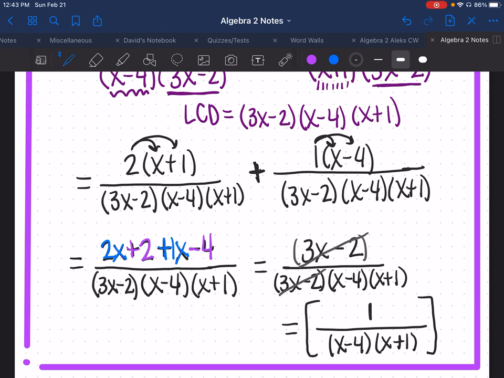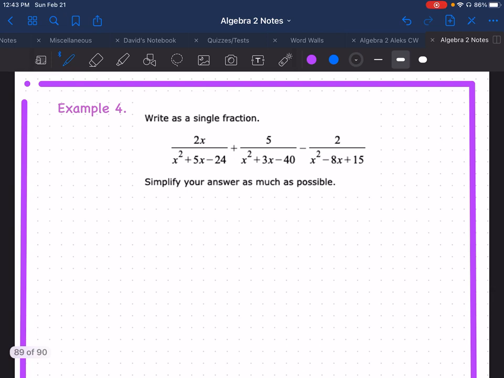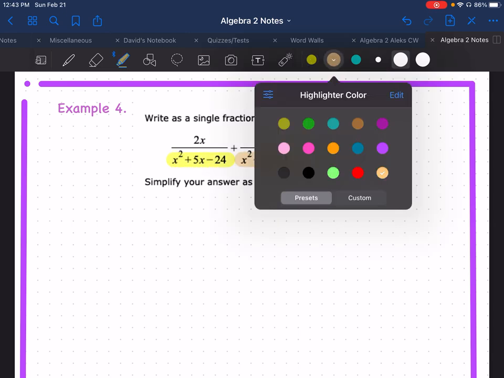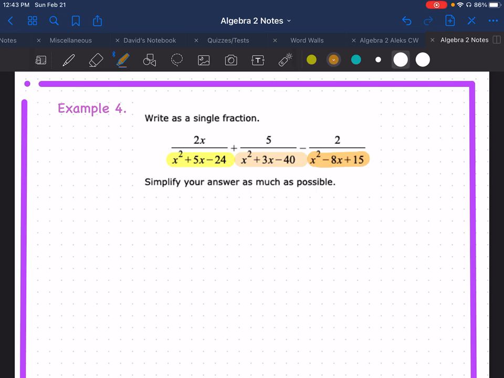I do have one last example, and the last example is going to go over this concept, but there's 3 of them. So we're going to write this as a common fraction, and notice we've got 1, we've got 2, and we've got 3 different ones that we have to take care of.